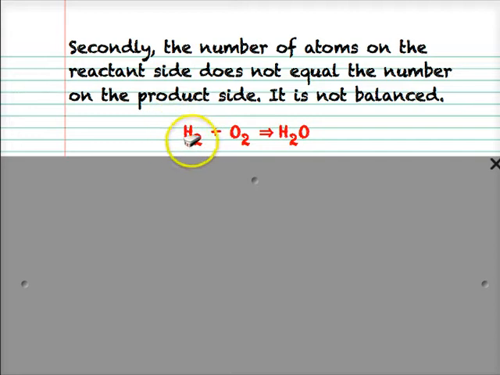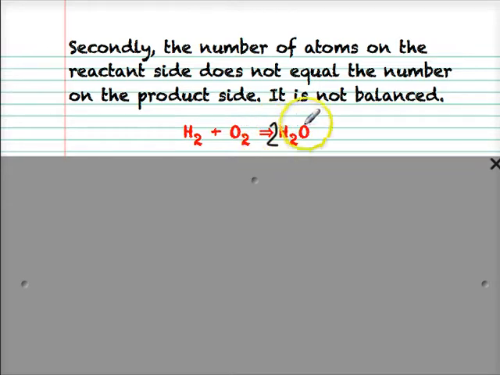We can put a number in front of the compounds to change the amount we have. So on the right hand side here we don't have enough water to match the amount of oxygen, so we must put a 2 in front of the water molecule. Now we have enough oxygen. 2 molecules of water have 2 oxygen atoms.